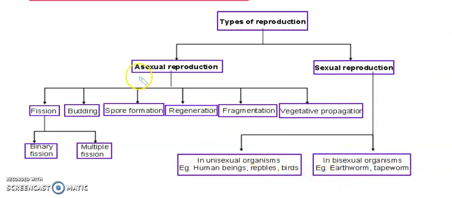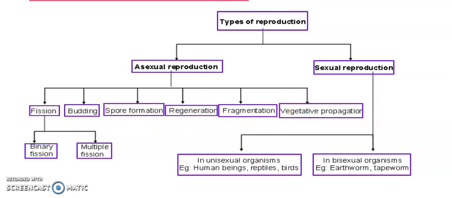First we'll start with asexual reproduction, and today in this video we'll be talking about fission, binary fission, multiple fission, and fragmentation. Only these three. And in the next video, we'll be talking about budding, spore formation, regeneration, and vegetative propagation.